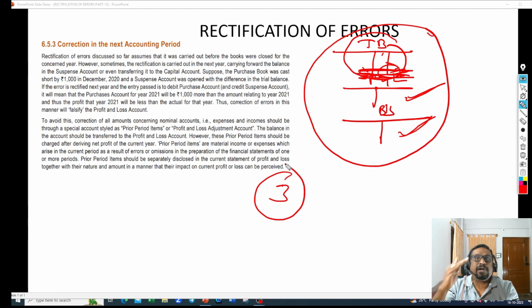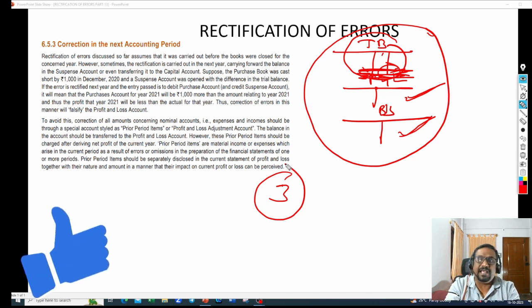You prepared your profit and loss account and balance sheet with that suspense account balance only. You did not identify what are those errors causing the difference in trial balance, because of which your suspense account is still lying in trial balance.